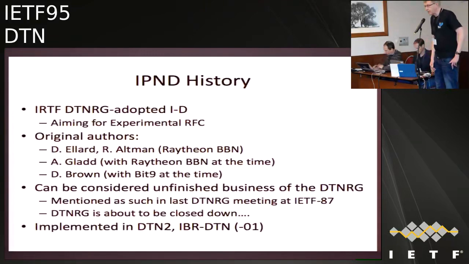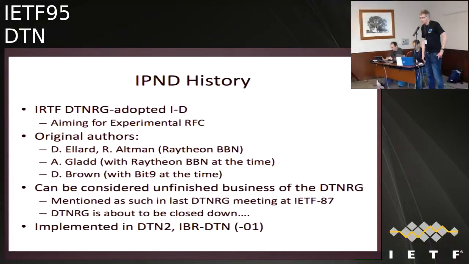A bit of history. This is really the work of some BBN guys and one person from Bit9, which was done in the DTN research group in the IETF, but at some point seemed to be abandoned. The 02 version of this draft expired somewhere in 2012, if I remember correctly.